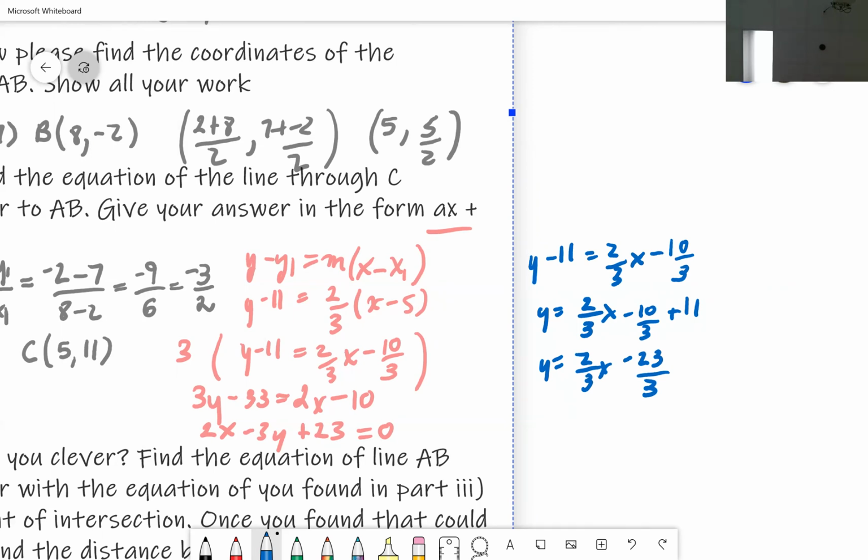And then if you rewrite this, you write 2/3 x minus y minus 23 over 3 equals 0. And then you're not allowed to have fractions, and the coefficient with the x has to be positive. So you just multiply everything by 3 and you get the same thing no matter what. You get the same answer.